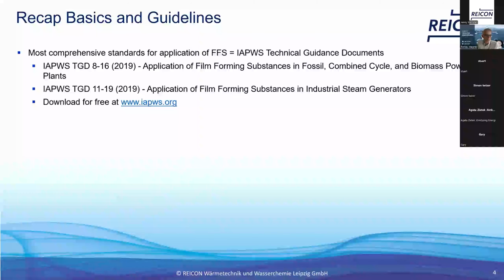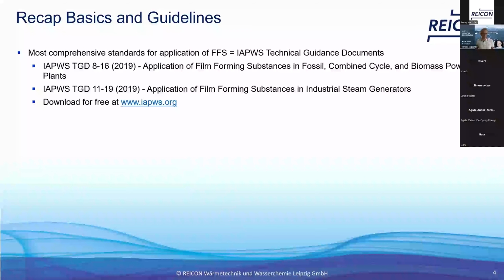One is the IAPS TGD 816 on the application of film-forming substances in power stations, whether it's fossil or combined cycle or biomass. And then we have the IAPS TGD 1119, which is for the application of film-forming substances in industrial steam generators. You can all download them for free at the IAPS website.